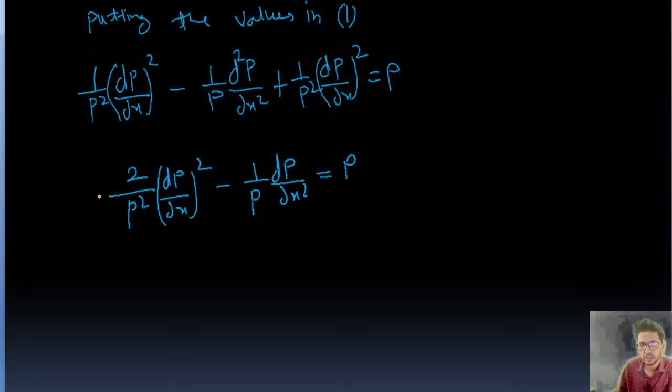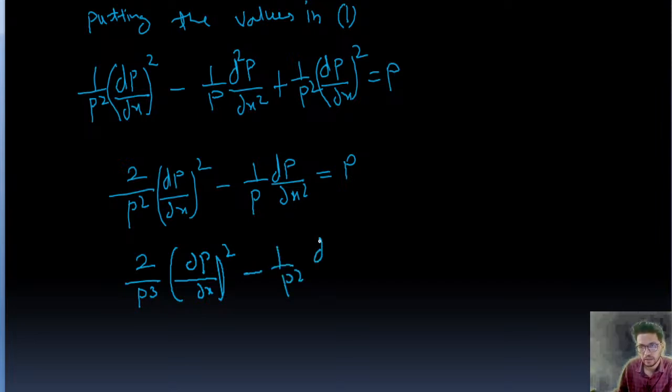We can take this side, okay? So this p we will take this side. So this is going to be 2 by p cube dp upon dx whole square minus 1 upon p square d2p upon dx square equal to 1, okay?